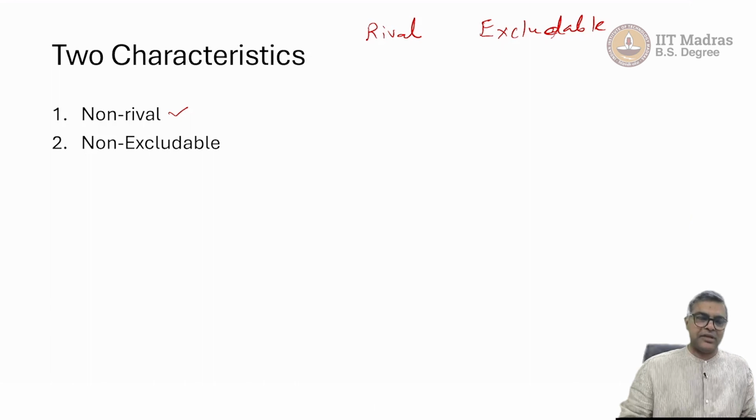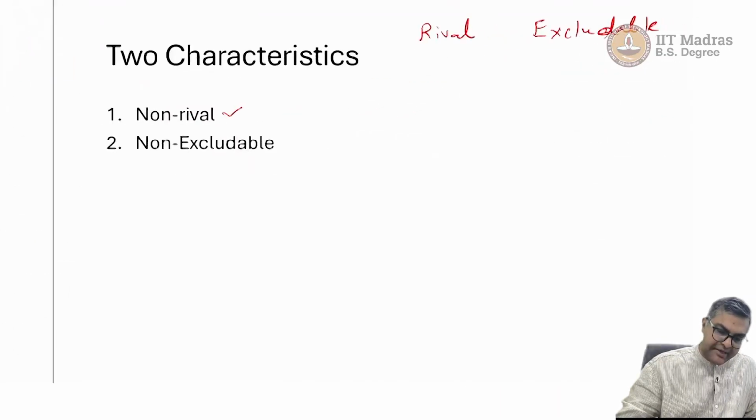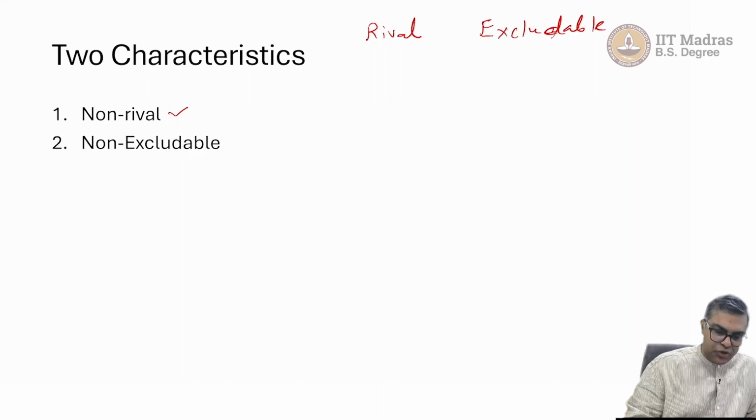But think about another material that is freely available on YouTube, then no one can be excluded from using that material. So these two concepts are very important: rival versus non-rival, and excludable versus non-excludable.